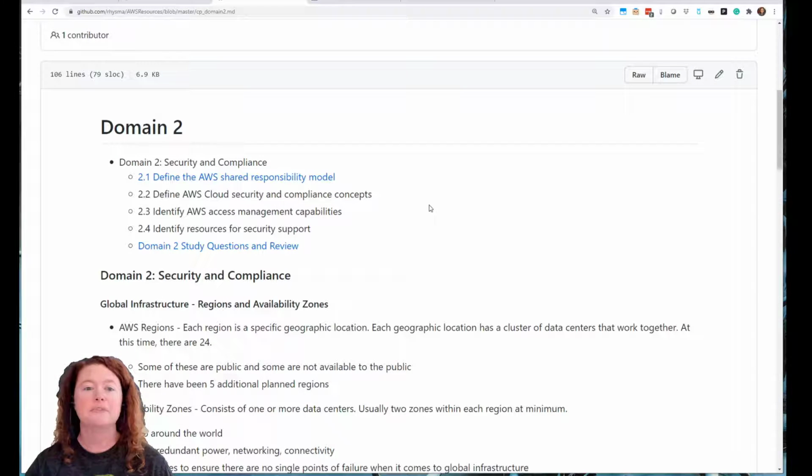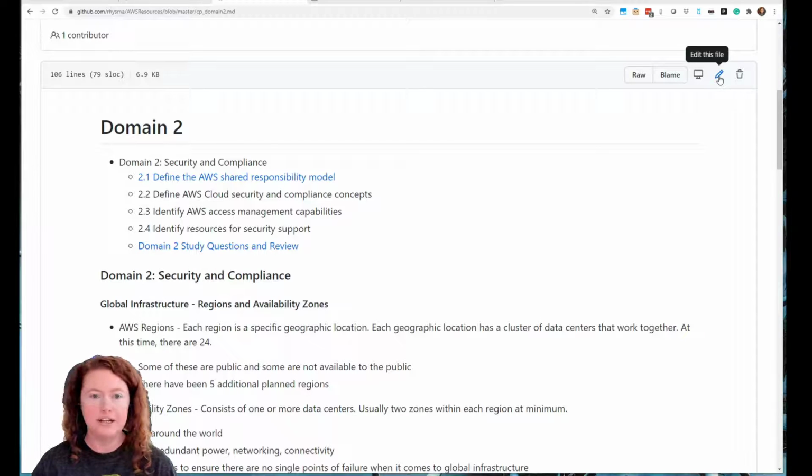we push on. So we're gonna talk about security and compliance today, which is an AWS architecture core concept. So let me grab this and get into our document.